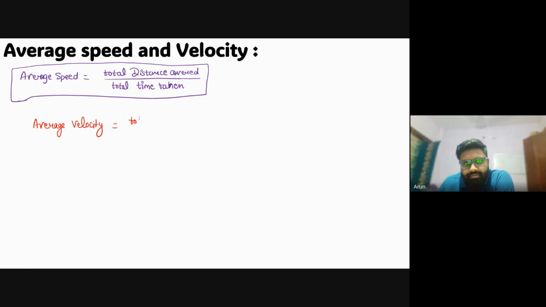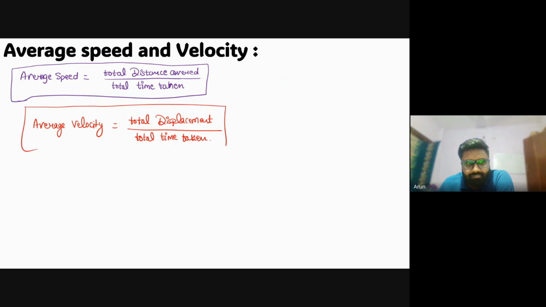Average velocity is total displacement divided by total time taken. Okay. So this is it. So we will keep it here. We will keep till here.